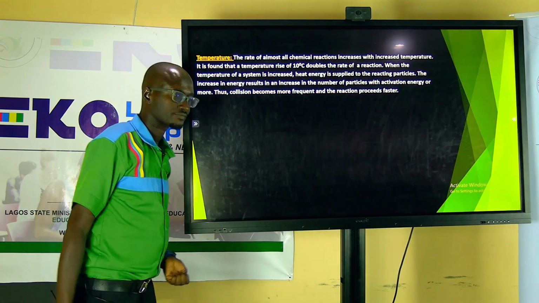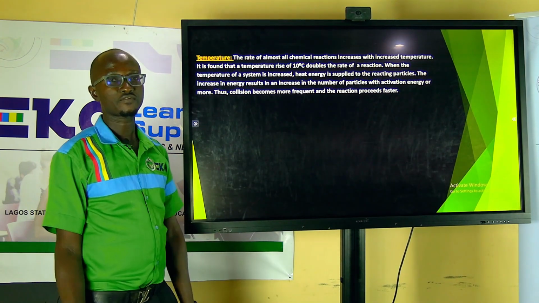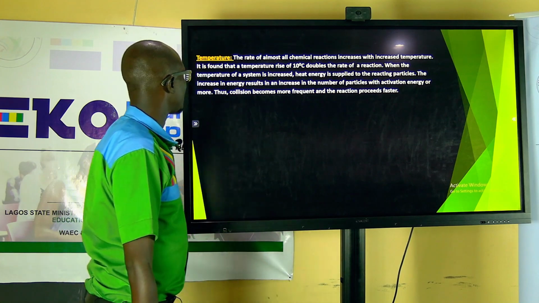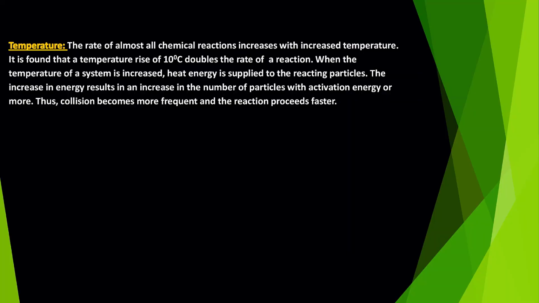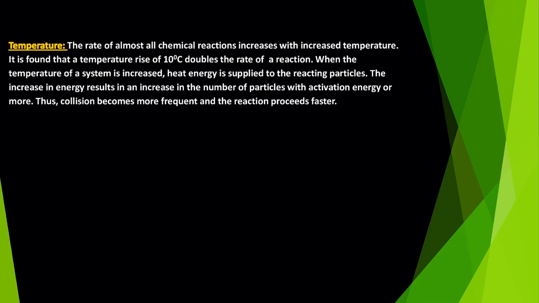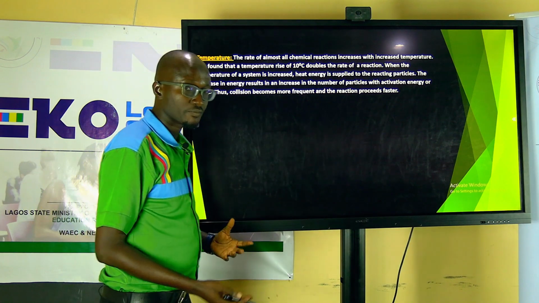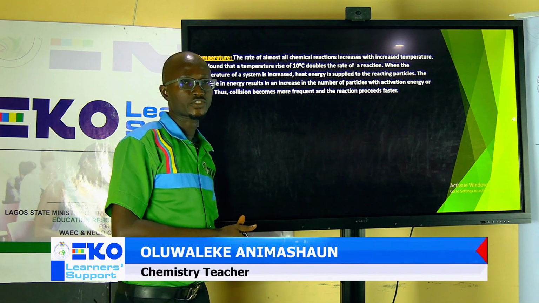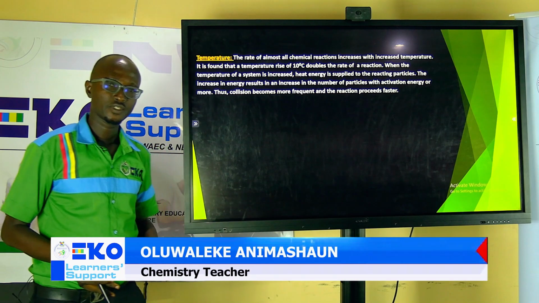Temperature. How does temperature affect the rate of a chemical reaction? The rate of almost all chemical reactions increases with increased temperature. It is found that a temperature rise of 10 degrees centigrade doubles the rate of a reaction. So in a nutshell, the higher the temperature, the higher the rate of reaction. Why is this so?